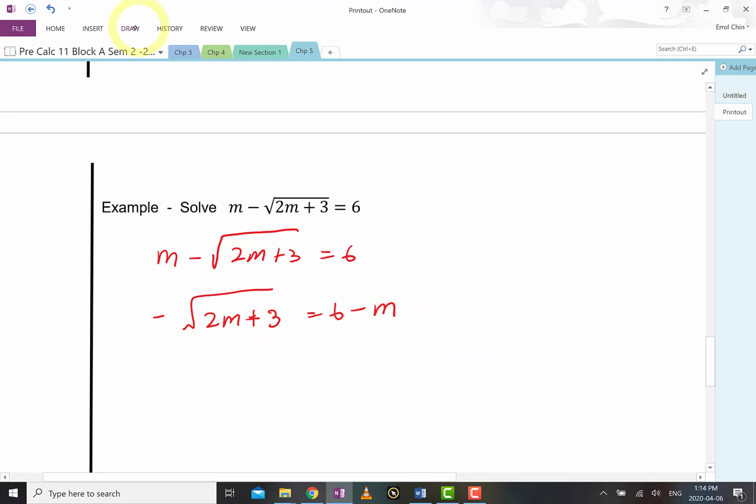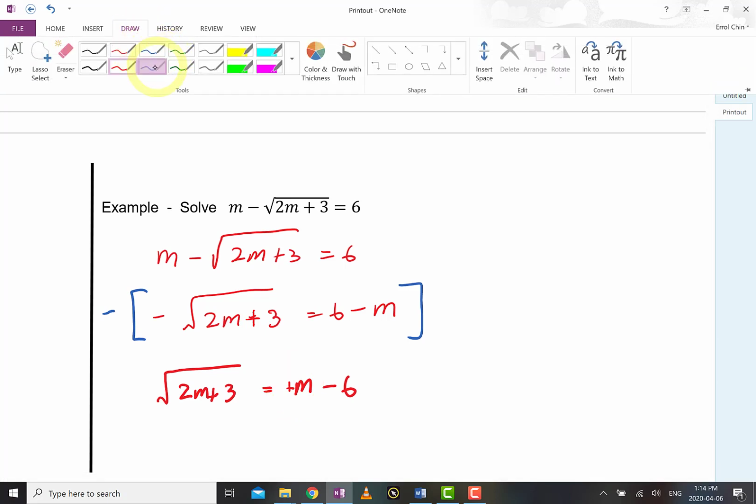Now, I'm going to multiply everybody by negative. So I'm going to negative everybody, and this becomes positive. The square root of 2m plus 3 is equal to, well, that becomes a negative 6, and that becomes a positive m. So here's my positive m, here's my negative 6. Okay, right? 6 is positive here, now it becomes negative. And here's my negative m, and it becomes positive.